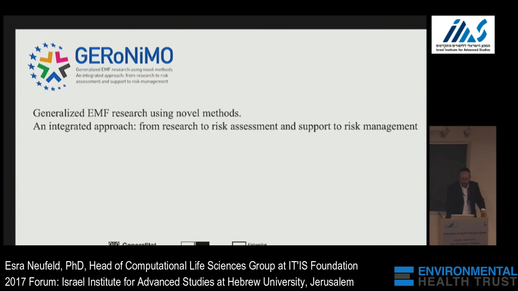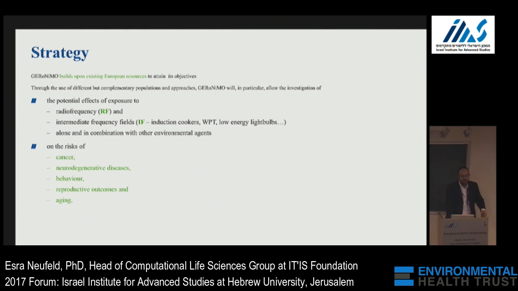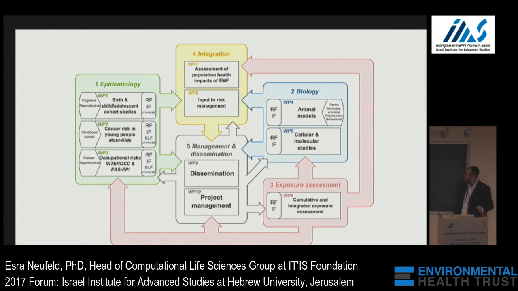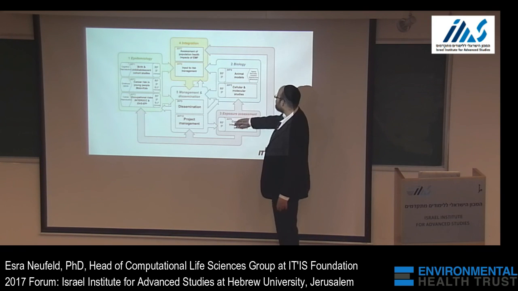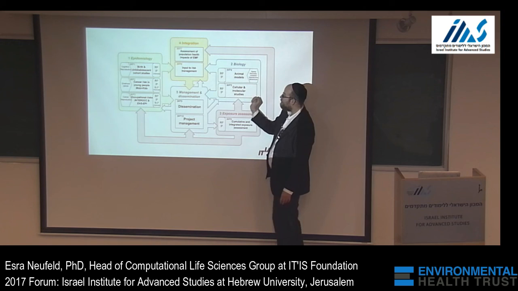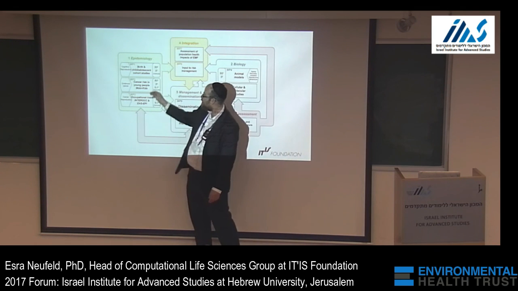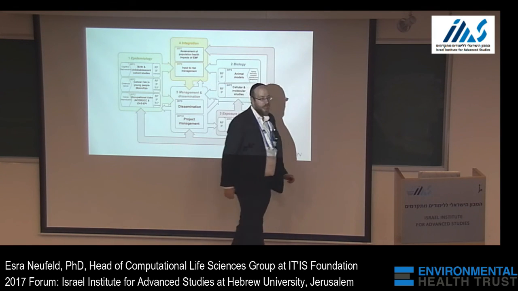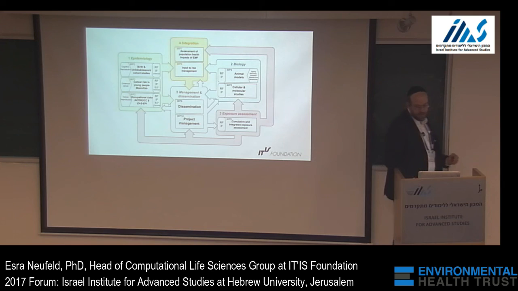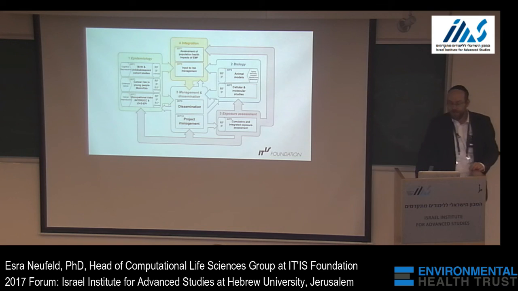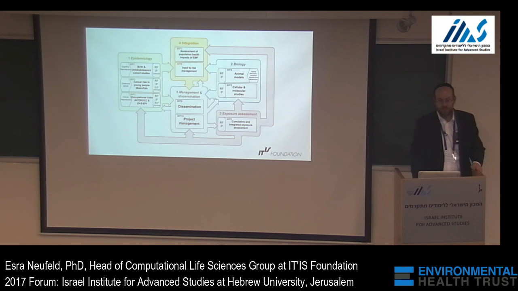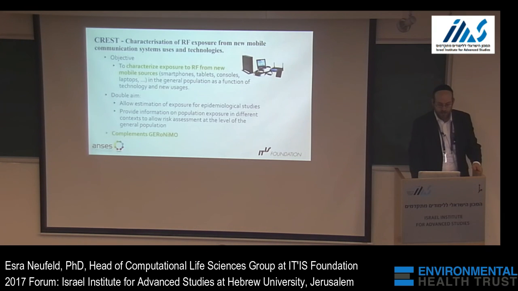Then two more European projects. Geronimo is trying to close the gap mostly between the epidemiology and the exposure side. So they have the exposure assessments, they have the biological assessment, and they have the epidemiological also with regard to different types of risks, including cancer, but also including development endpoints, and they're trying to integrate that data. So they're trying to put together the different parts that you have seen in this presentation that are at the moment still isolated.